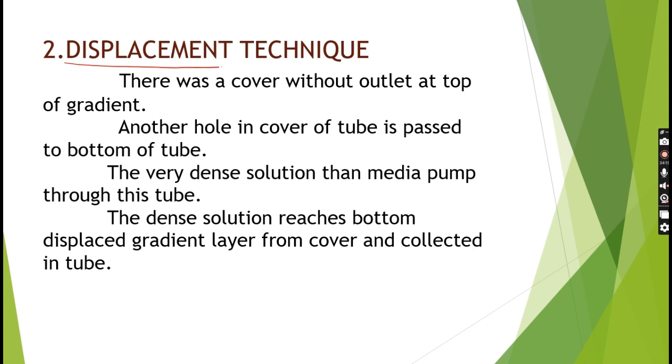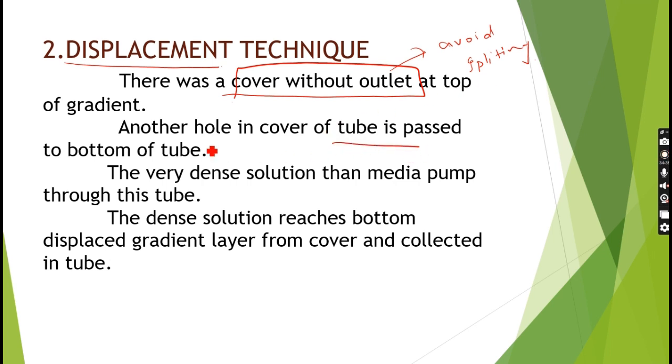But in the displacement technique, there is a cover at the outlet at the top of the gradient to avoid splitting of the medium. A hole is made, and through the hole a tube is passed to the bottom of the tube. The recovery is first of the high density component.